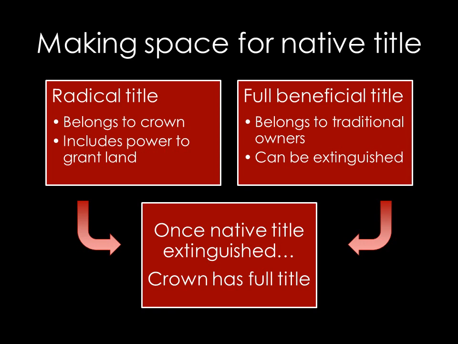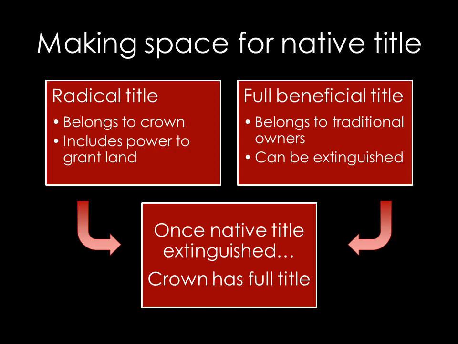So the court said that as a consequence of sovereignty, the English secured what's known as radical title. This is a type of title that belongs to the Crown. It includes the power to grant interests in land. However, this is not the same as full beneficial title.